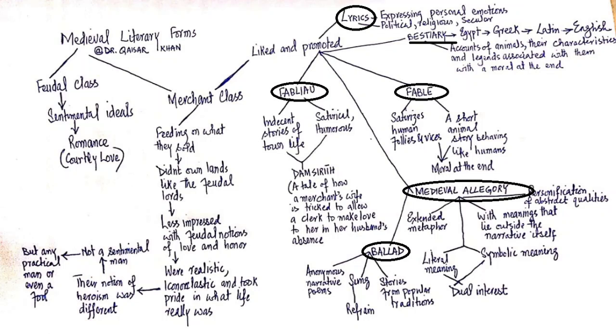This is a kind of an extended metaphor in which you bring two different things together and try to make a meaning out of their association. And then what happens? When you bring these two things together, you give two levels of meanings to what you are writing about. I mean, allegory.